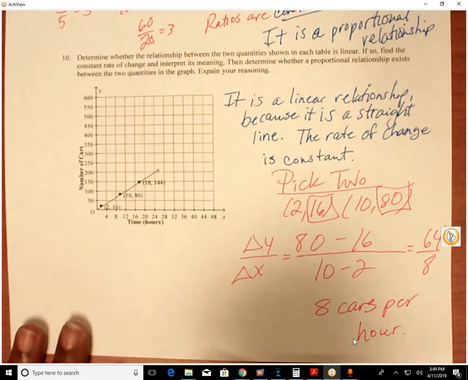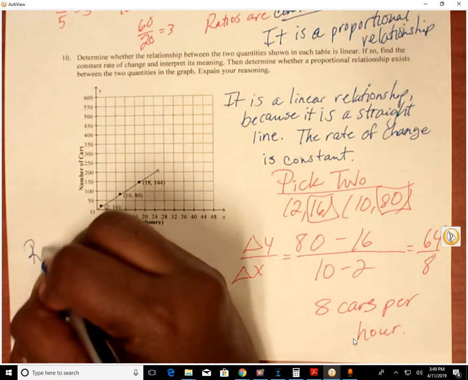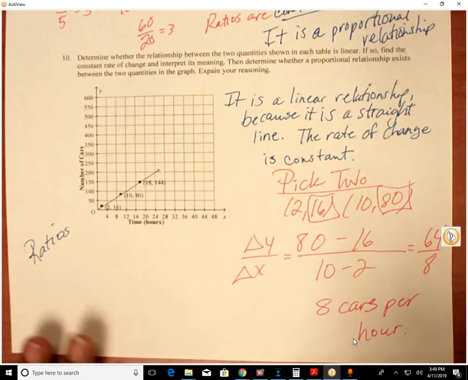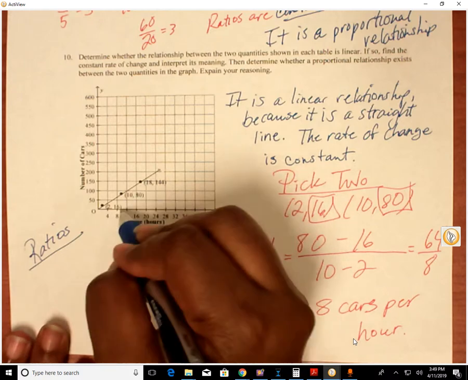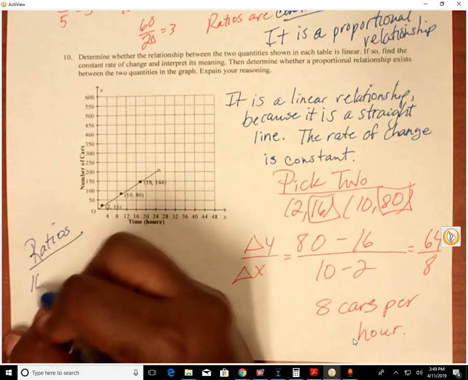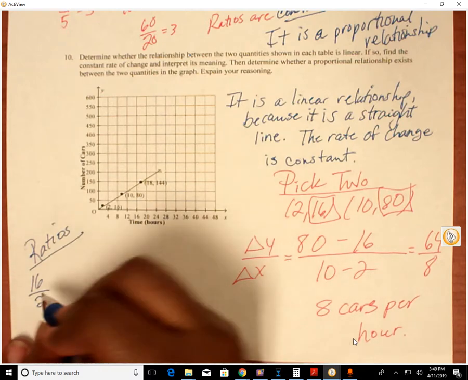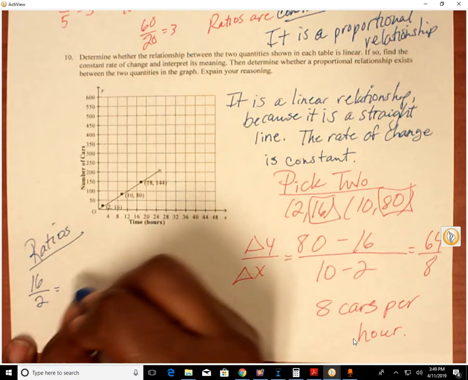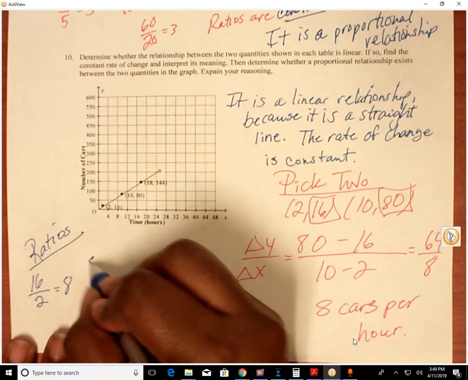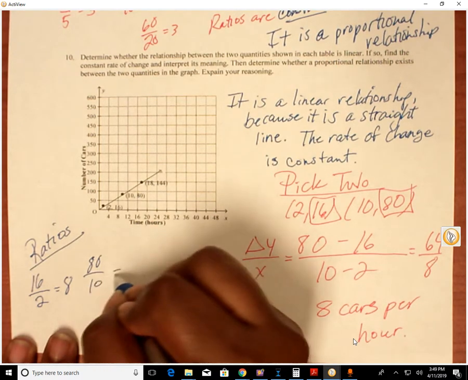Now we still have to do the ratios, even though we know that the rate of change is constant. So our ratios are 2 and 16. Again, it's still y divided by x. So 16 divided by 2 is 8. 80 divided by 10 is 8.